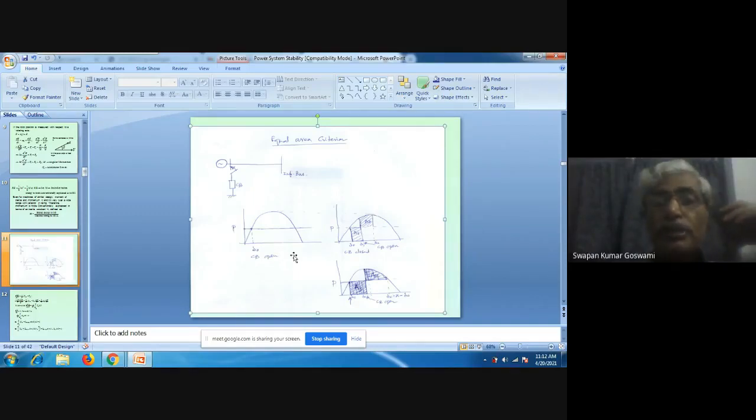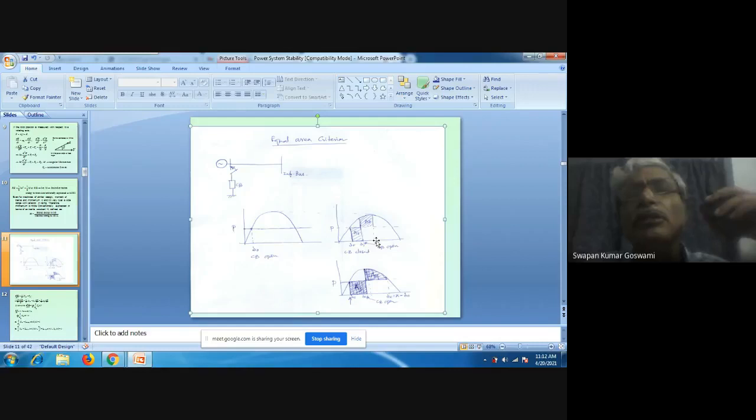So in between, from delta 0 to delta 1, energy was inserted into the generator. From delta 1 to delta 2, energy was extracted from the generator. Obviously, to restore the synchronous speed, we must extract the same amount of energy that has been inserted into the machine, because otherwise where would the energy come from, or where would the energy go?